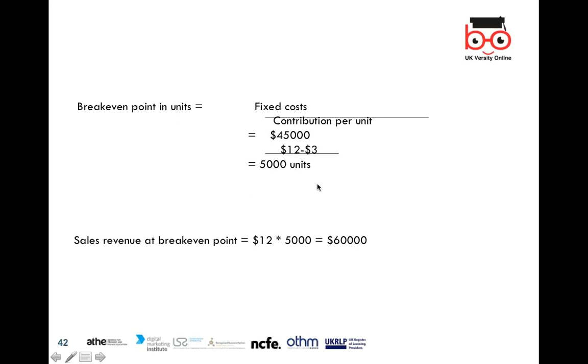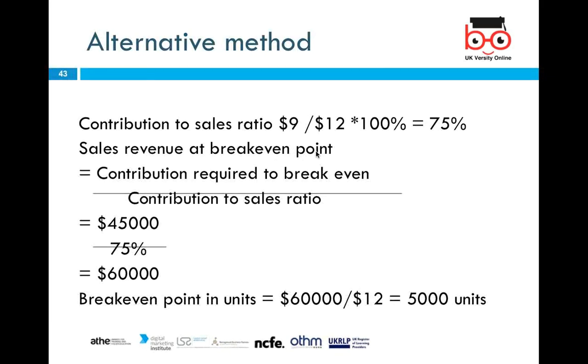So there are two types of break-even point: in units and in sales. Before that, you need to know the contribution per unit, which is calculated as the selling price less the variable cost per unit. There is another alternative method, but I think you can follow one method.